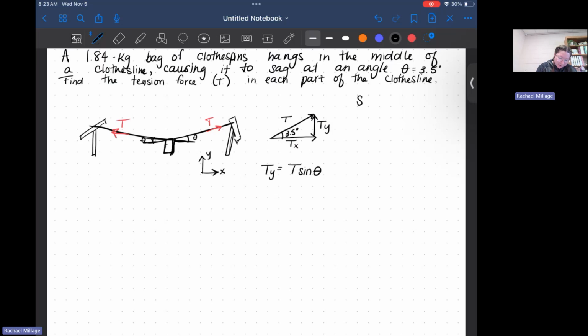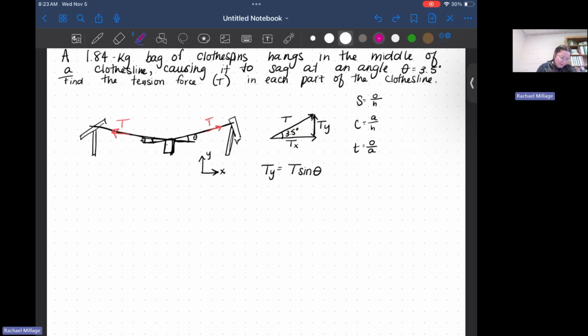If we remember SOHCAHTOA, some old horse came a-hoppin' through our alley, if I'm looking for Ty, that's my opposite, opposite of my 3.5 degrees.